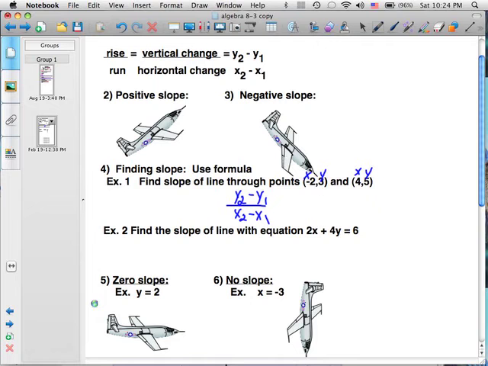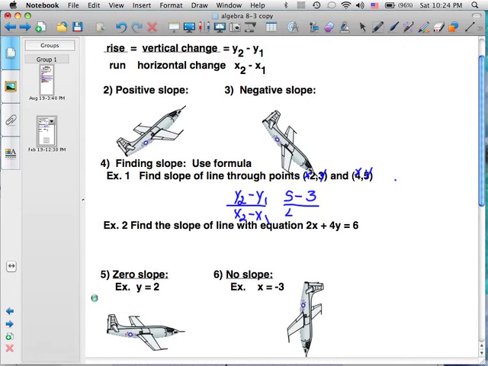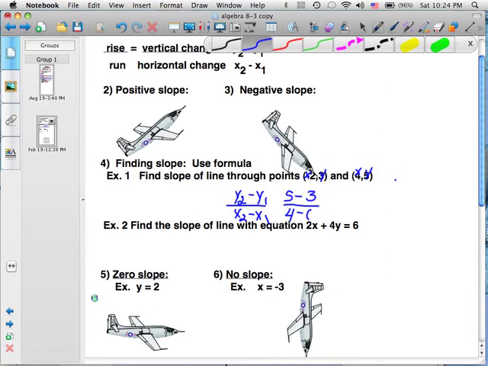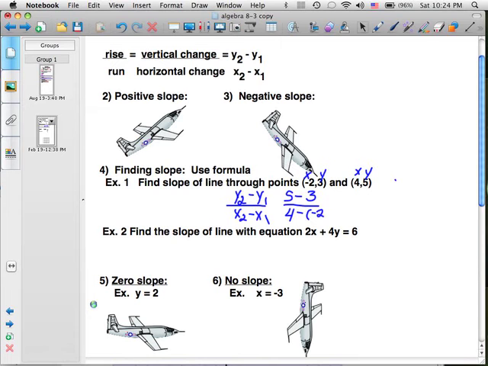So the change in the y's would be 5 minus 3. And since I started with this ordered pair, I have to start with it with the x's. 4 minus a negative 2. So that comes out 2 over 4 plus 2, which is 6, which is 1/3. So it's going up 1, right 3.